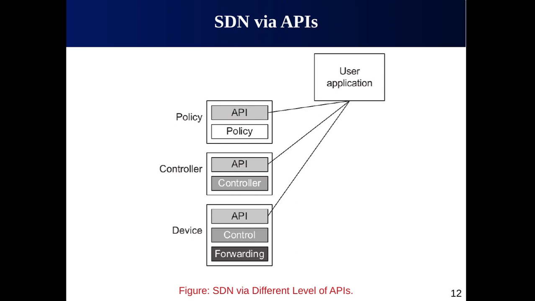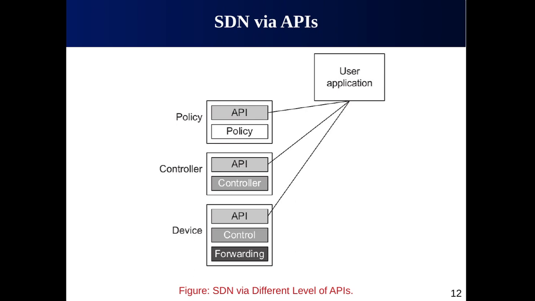On the other side, centralized control provides the ability for applications, running on a controller or independently, to have views of the entire network. We have seen these two properties. SDN allows us programmability, and it also gives us centralized control, or a centralized common view of the whole network.